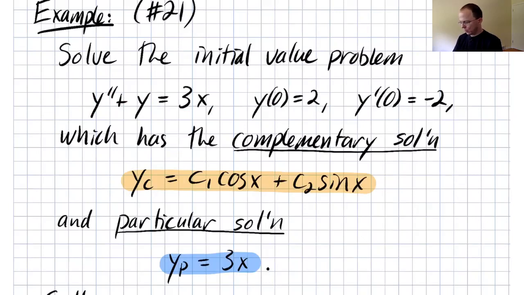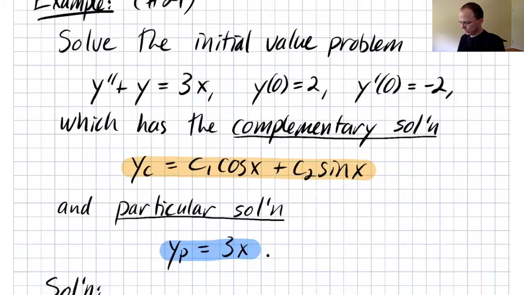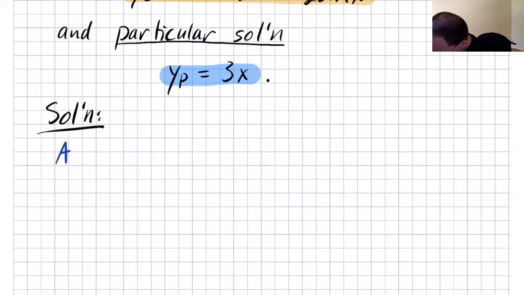Now we know what the general solution of this differential equation is. Or maybe it's better to say a general solution, because you could have slightly different forms of the general solution.